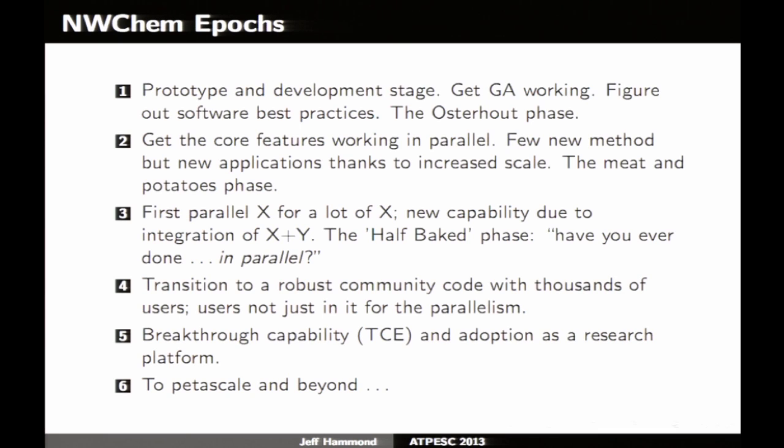One of the things that really happened, I think, just before I got there in the 2000s, was that NWChem really became a robust community code with, I think the last time I checked, 6,000 users. And what I think is interesting, there's probably a period where people would use their favorite code until they ran out of computing power, and then they'd switch to NWChem. And then at some point, I think certainly when I started using it, people were using NWChem as their code.